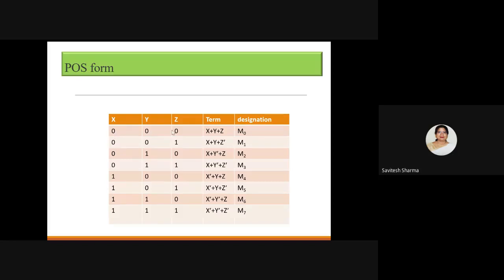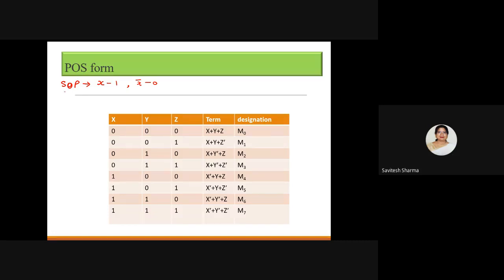0 0 0, yesterday I told you that for SOP form you will take the variable true signal if the variable is 1, and if it is 0 you will take the complement, right? This was the thing we took for SOP.